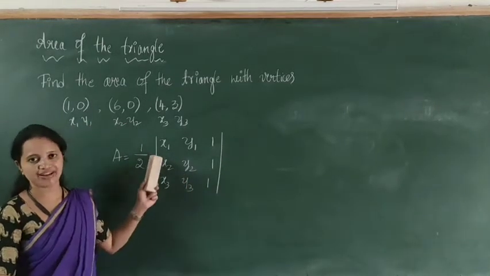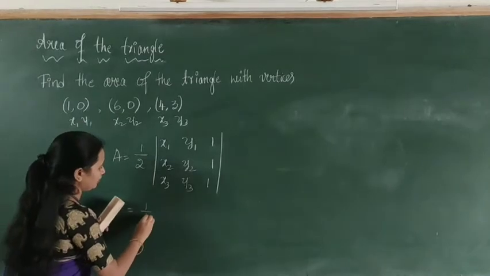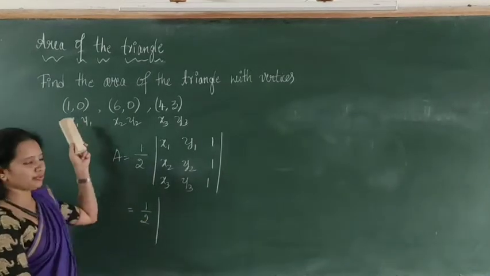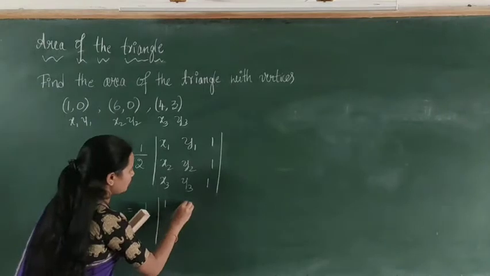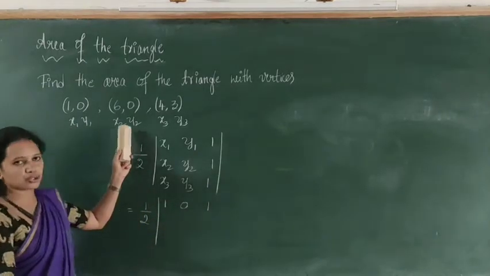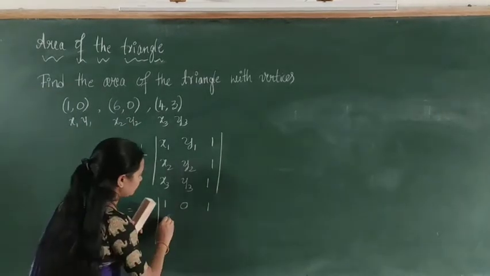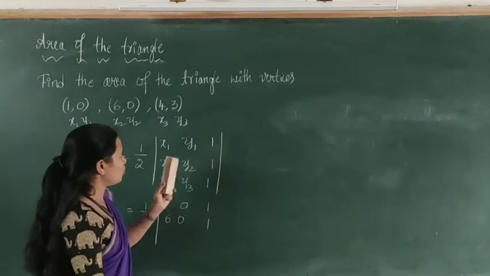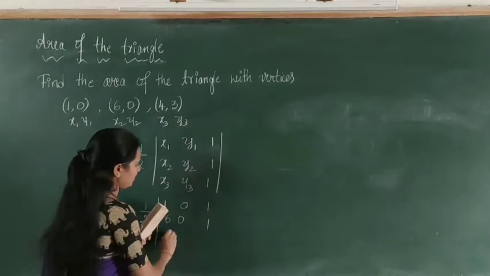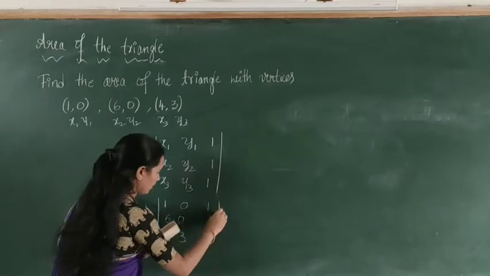So now substitute the values. Half into the determinant: 1, 0, 1; 6, 0, 1; and 4, 3, 1.